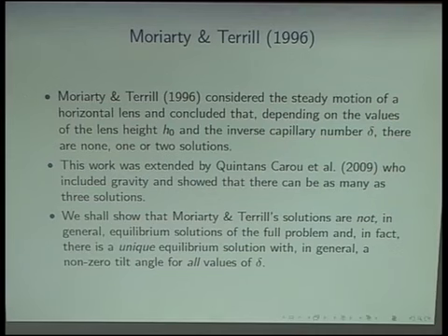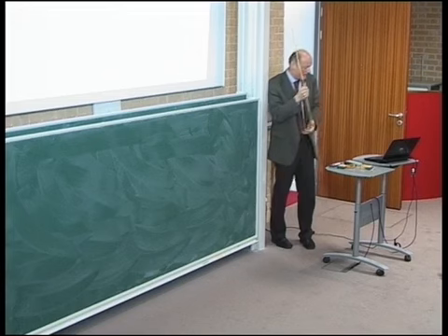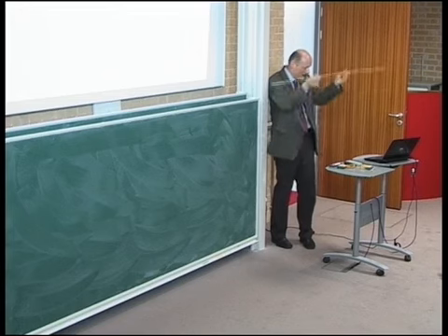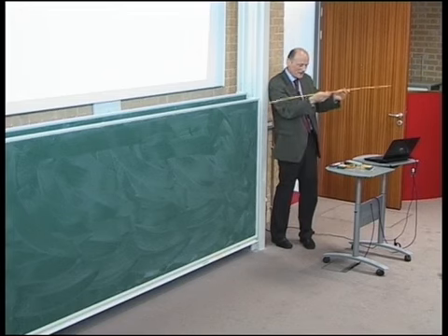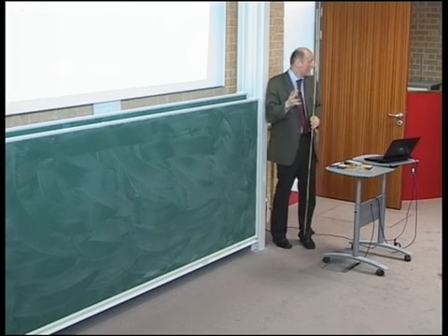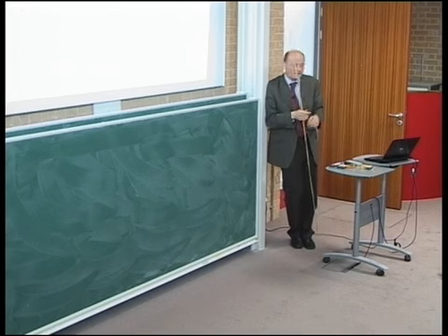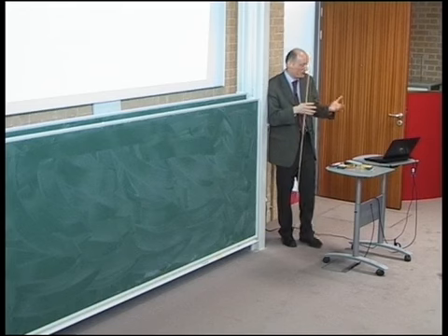The main point of what they did was very sensible. They looked at this case of a flat lens, which definitely made sense as a first problem, but they didn't write down the full problem, and in particular, the solutions they obtained are not in general equilibrium solutions of the whole problem. So they didn't let the lens tilt, they didn't let the lens move up and down, they just said, well, okay, it's fixed at a given height. There's no guarantee in their formulation that actually it's an equilibrium solution of the full problem.